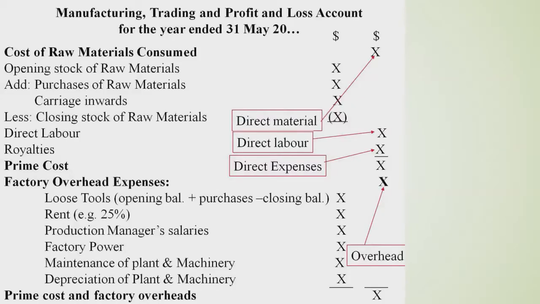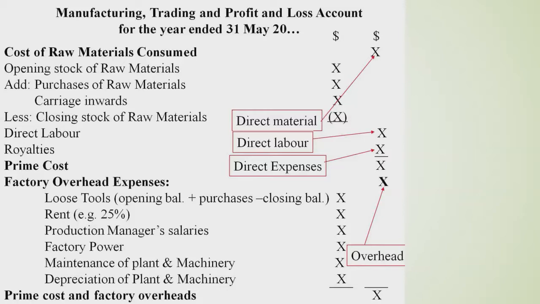Okay, this is an example of a manufacturing, trading, and profit and loss account. How is it done? We start with the opening stock of raw material. We add purchases of raw materials, add carriage inwards, less closing stock of raw materials.